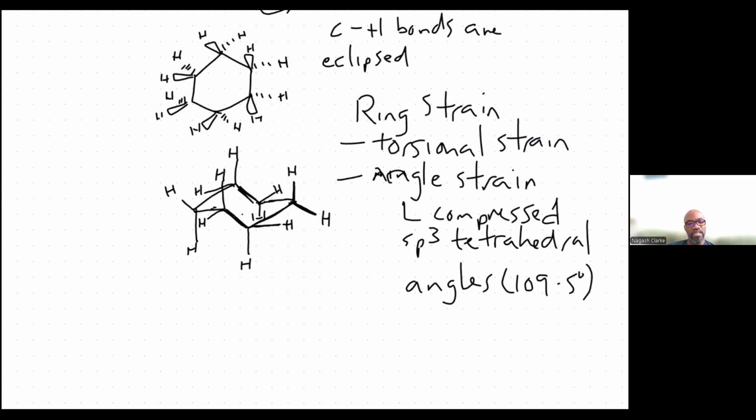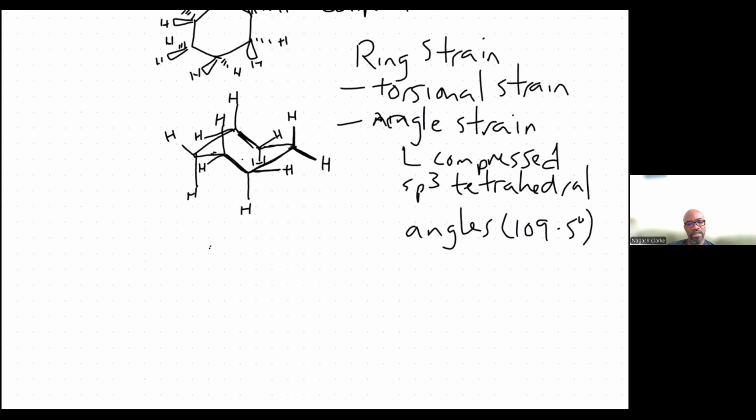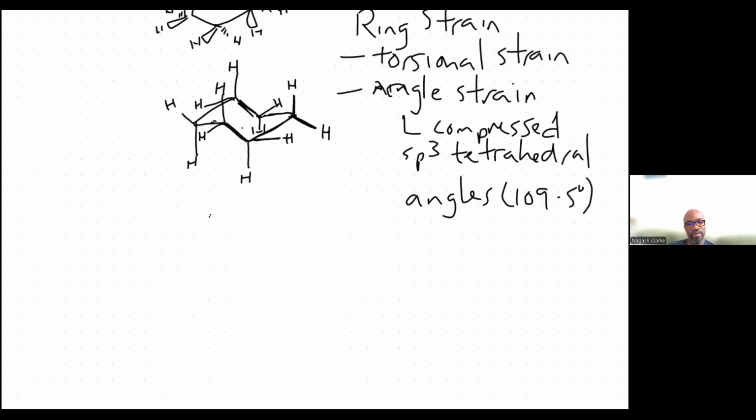So now with chairs, the rings can do what we call ring flip. There's a chair. I can have rotation of the carbon-carbon bonds, not complete rotation. Remember, rings can't fully rotate, right?